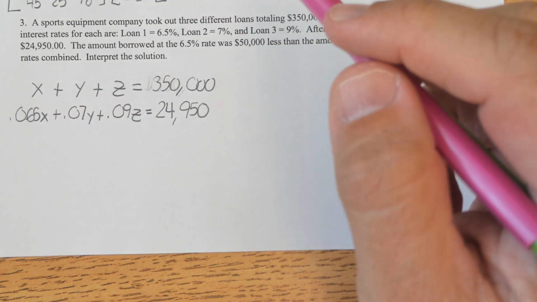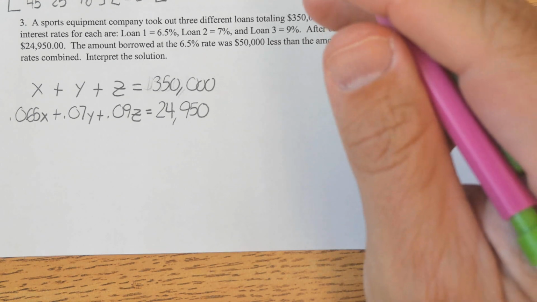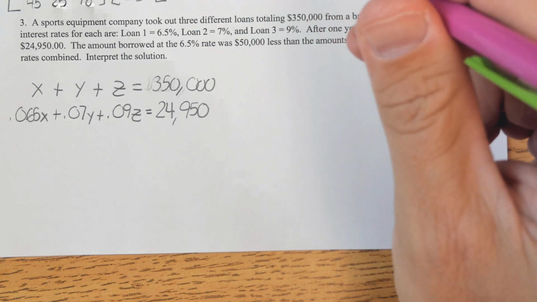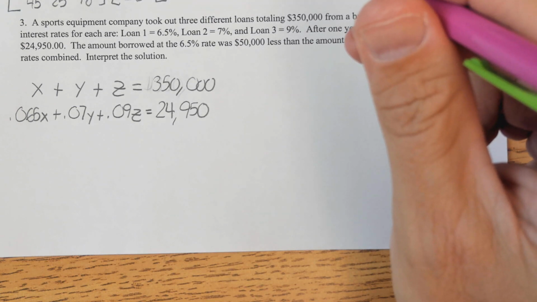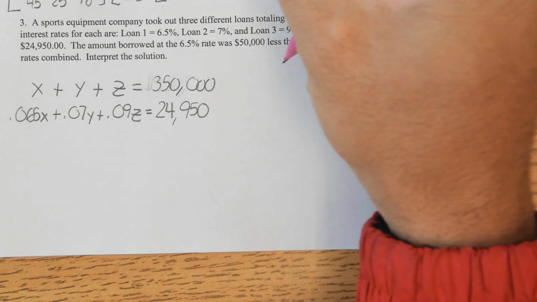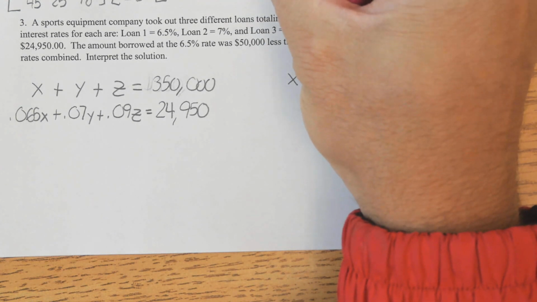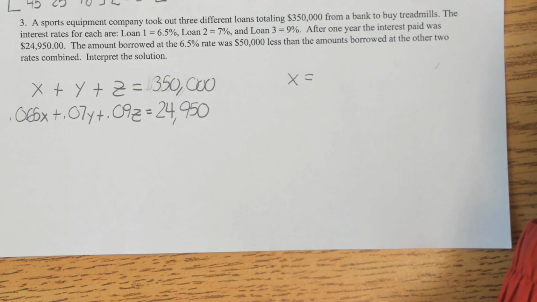So let's read into that again. It says the amount borrowed at the 6.5% rate was $50,000 less than the amounts borrowed at the other two rates combined. So what that's going to be is this. I'm going to write it out here to the side because you'll see why. The amount borrowed at the 6.5% rate was $50,000 less. Okay, so then the other two rates combined. So let's think about this.